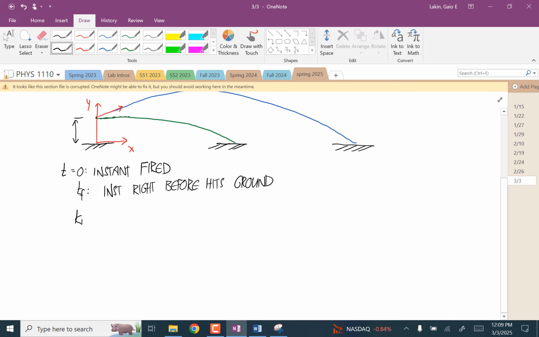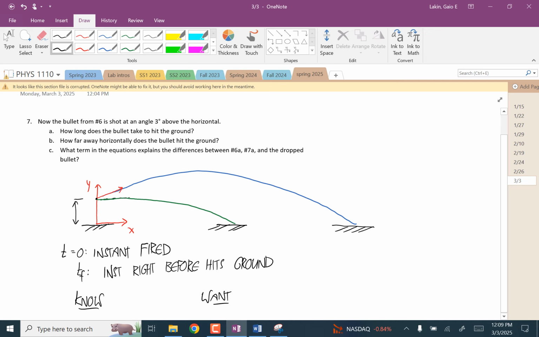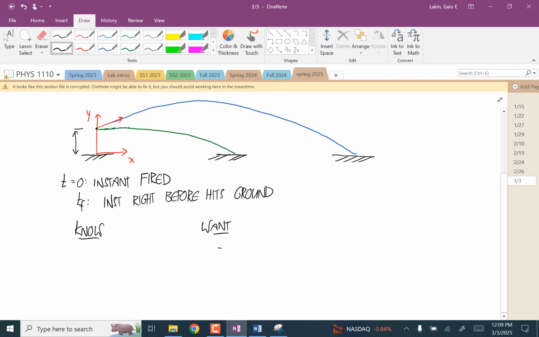And now we can figure out what we know and want. For part A, we're trying to figure out time final, so that's the thing we're looking for. The acceleration, we're assuming that there's no significant air resistance, so this is 0 for x, negative 9.81 for y.